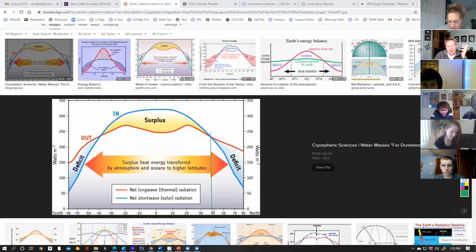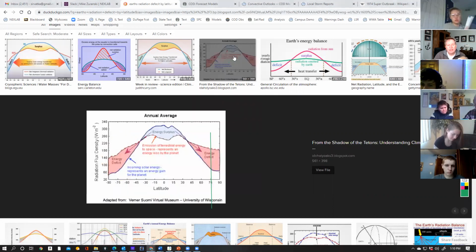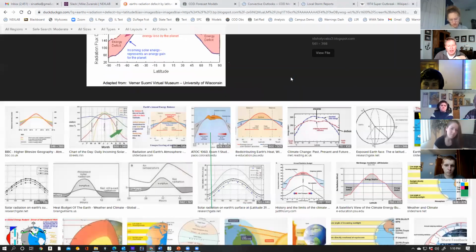Or 38 or 39 degrees. Does it really matter? Does it say so in the book, Lena? I don't remember seeing it, but I could look again. Because I noticed that they're all a little bit different. So it depends. It looks like around 39 degrees latitude.